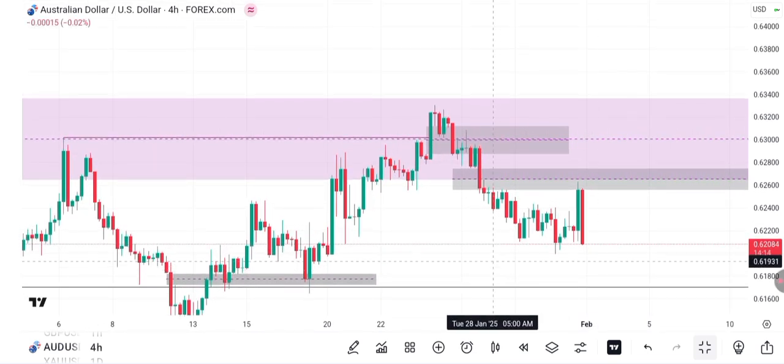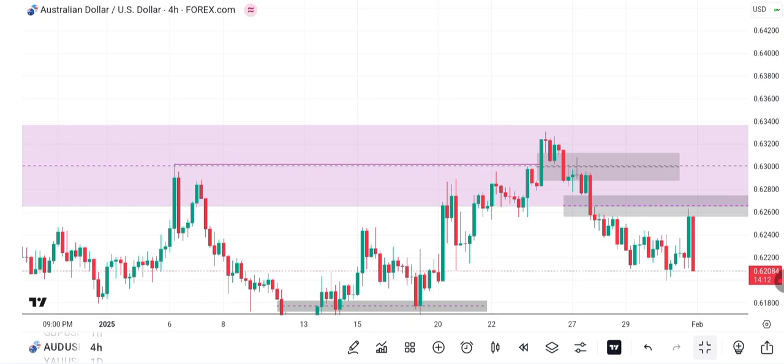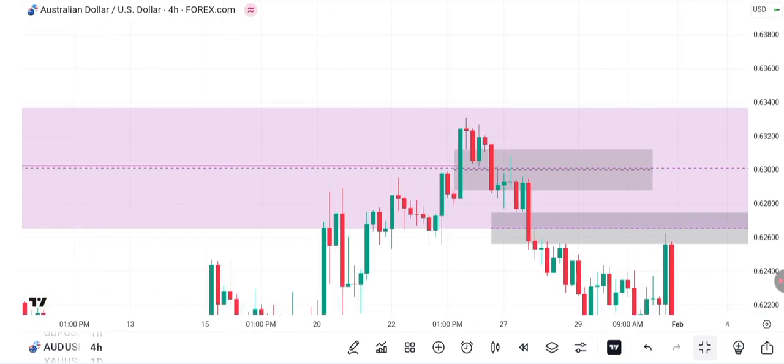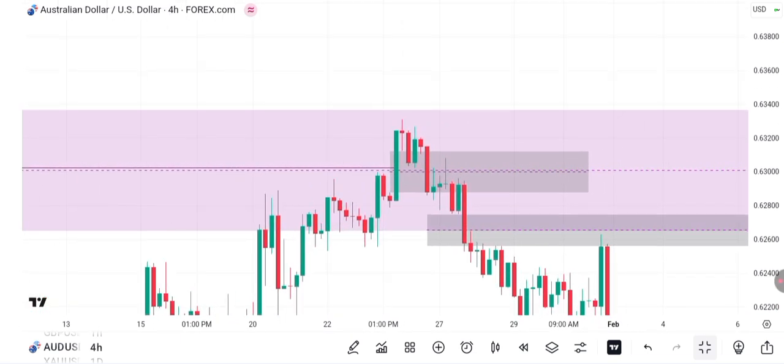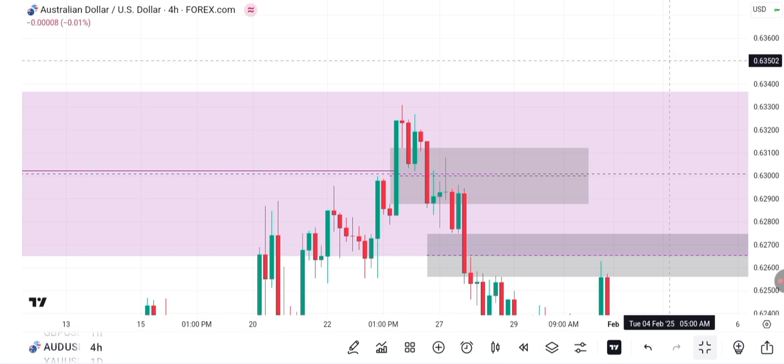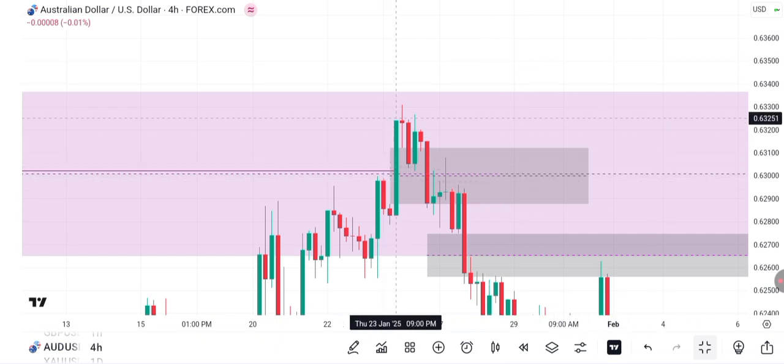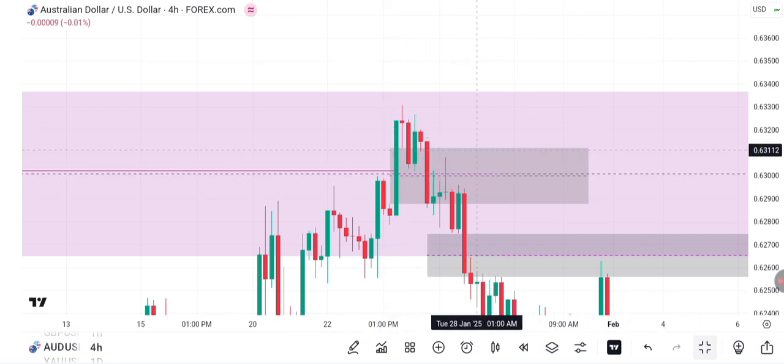Now this was price inside the fair value gap, and this is also price around the sensitive area of the fair value gap, which is the midpoint.